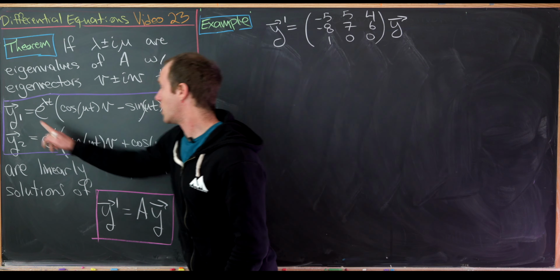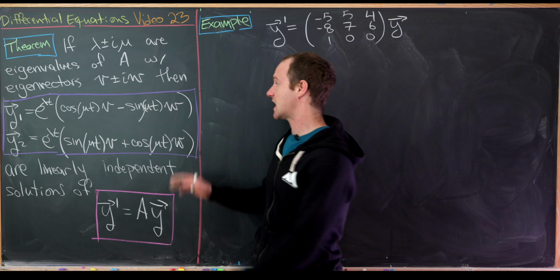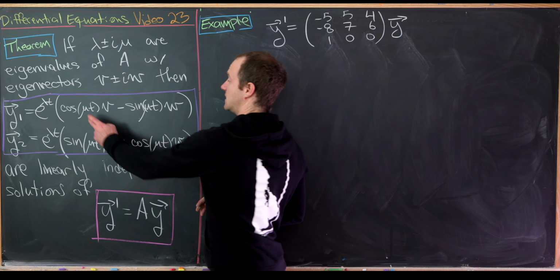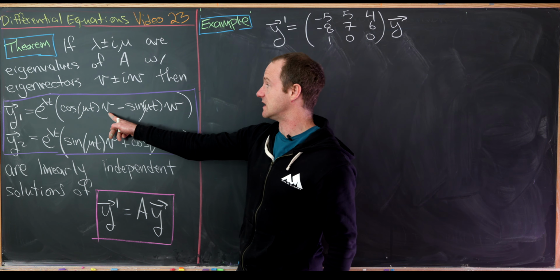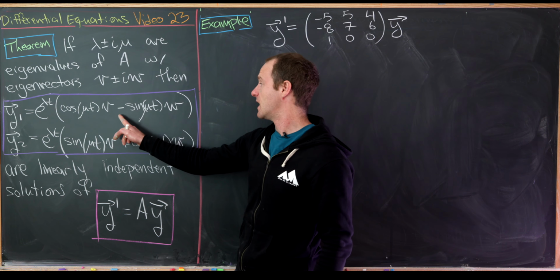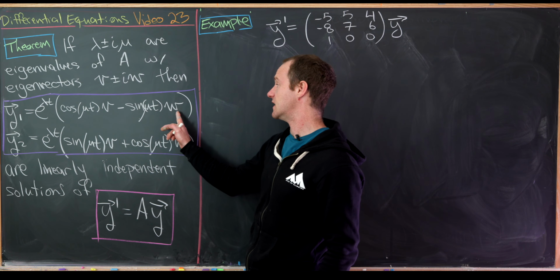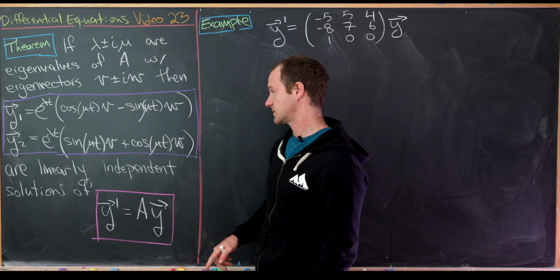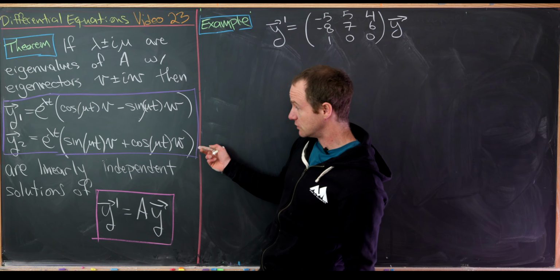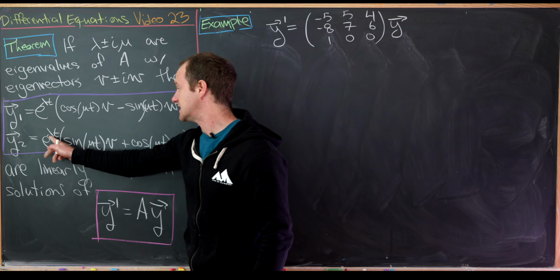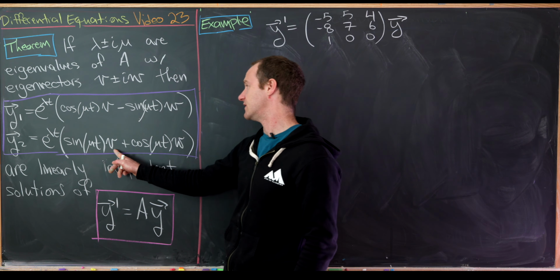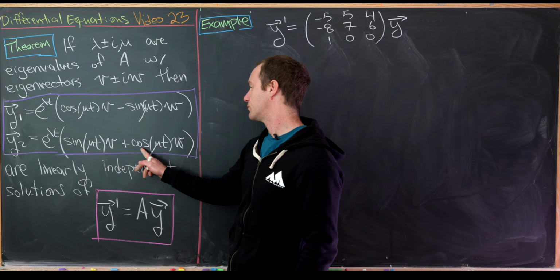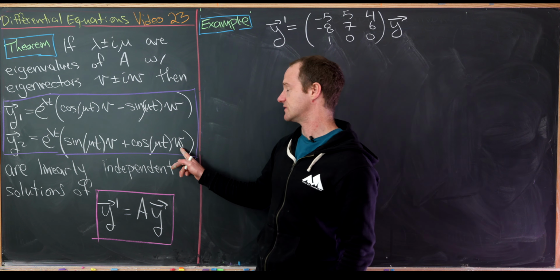Then y1 is e to the lambda t times the quantity cosine mu t in the direction of v, the real part, minus sine mu t in the direction of w, the imaginary part of this eigenvector, and y2 is e to the lambda t sine mu t in the direction of v, plus cosine mu t in the direction of w.